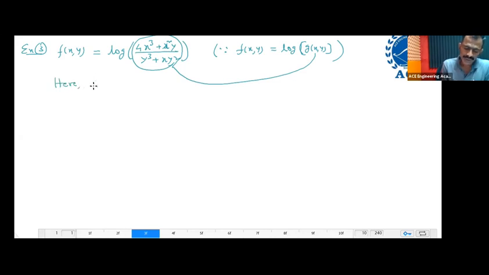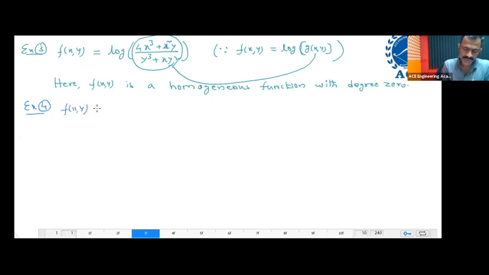Here, f of x comma y is a homogeneous function with degree 0. Next, example number 4.